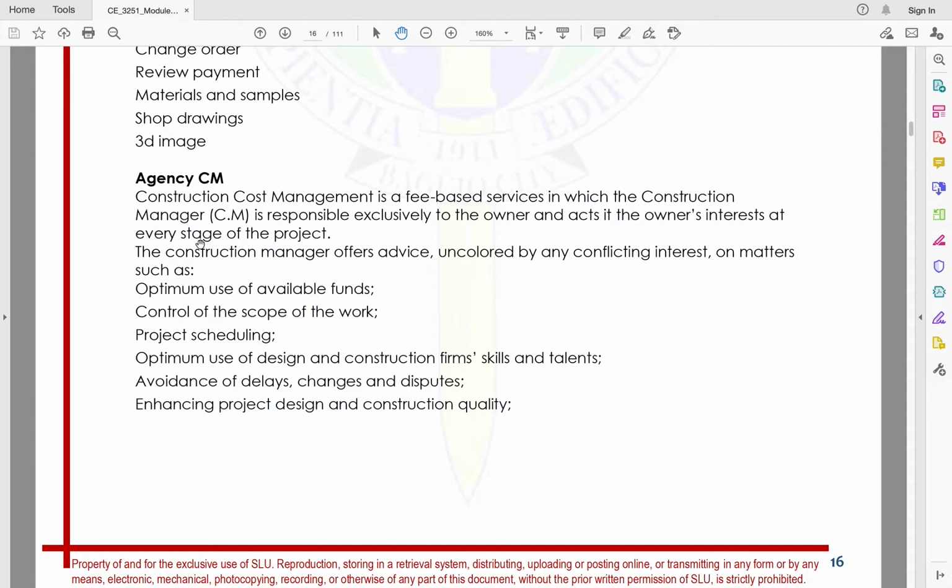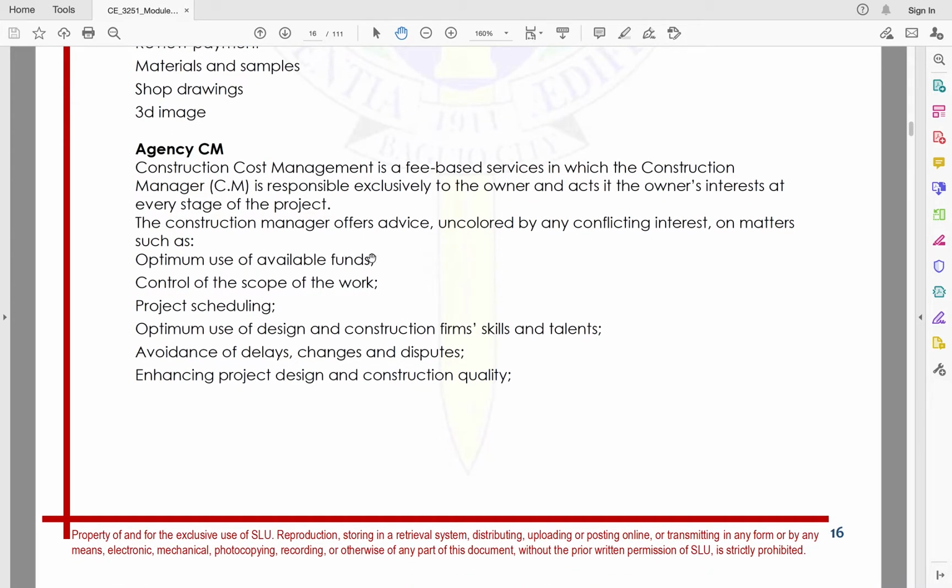Okay? So the construction manager offers advice uncolored by any conflicting interest or biases on matters such as optimum use of available funds. Wala kang dapat biases nag-a-advise ka kay client. If for example, yung kakilala mo yung nasa general contractor side, okay?